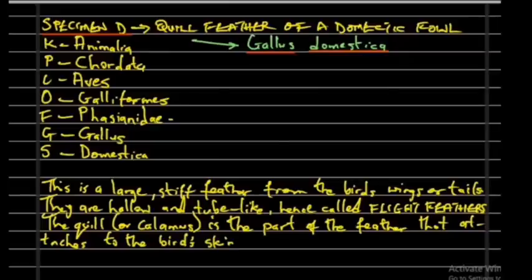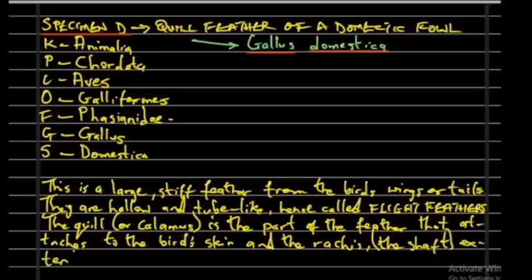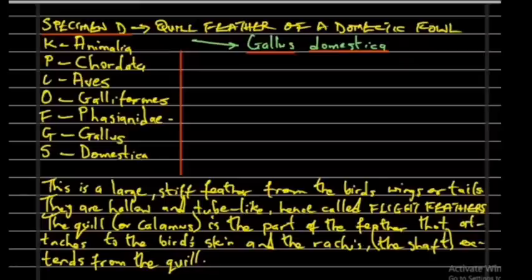And the rachis, which is the shaft of the feather, extends from the quill.